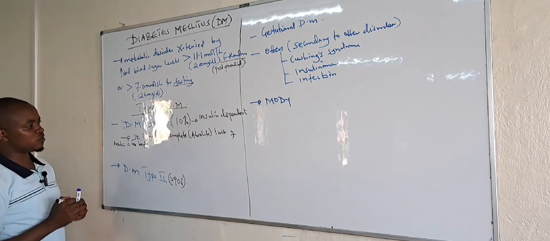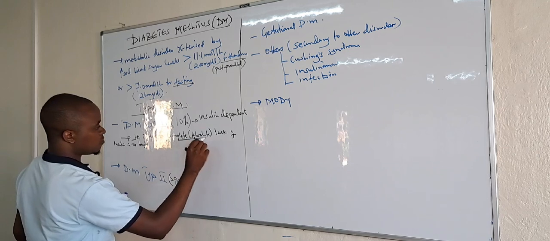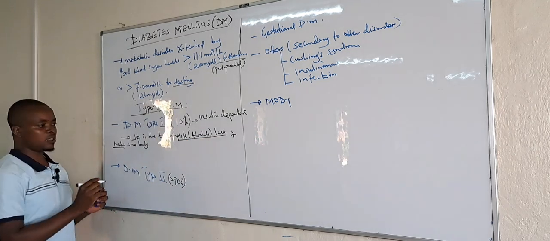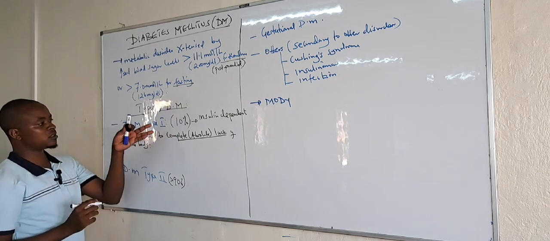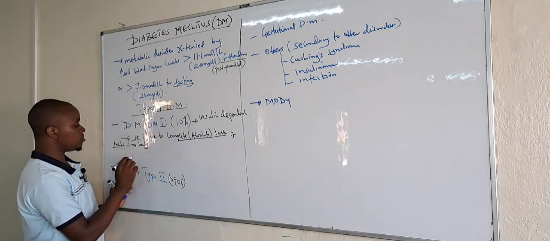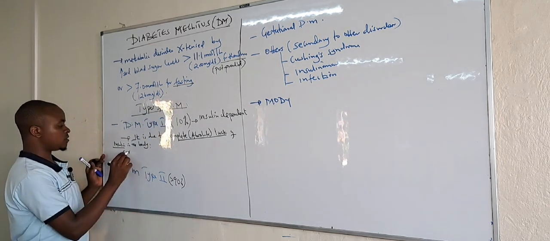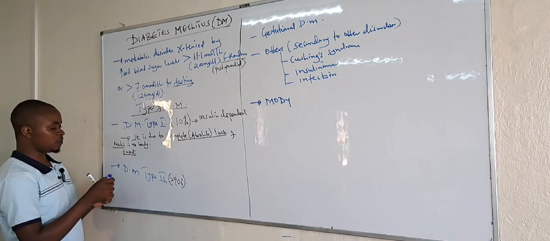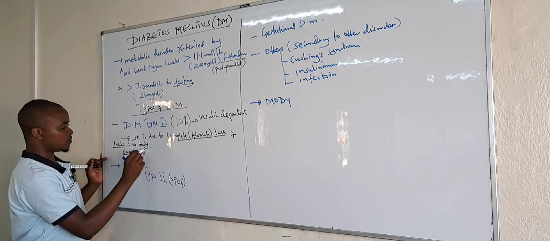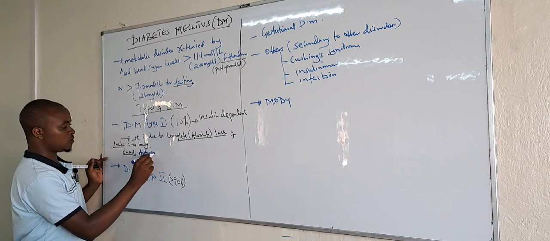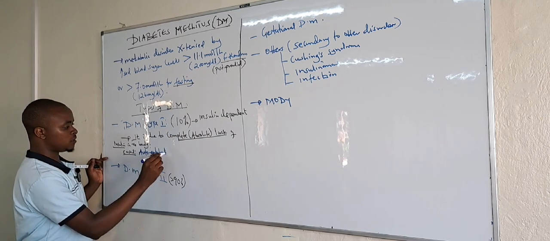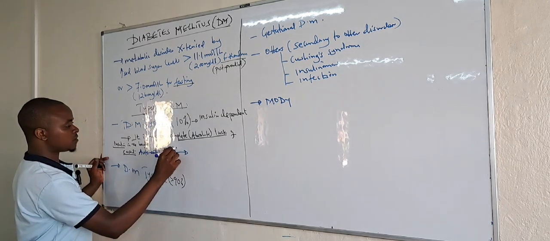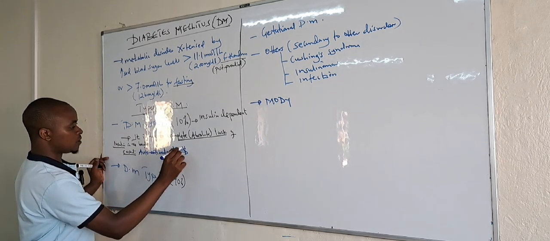Why is the insulin not there? It is because it is caused by autoantibodies which are produced against beta cells.